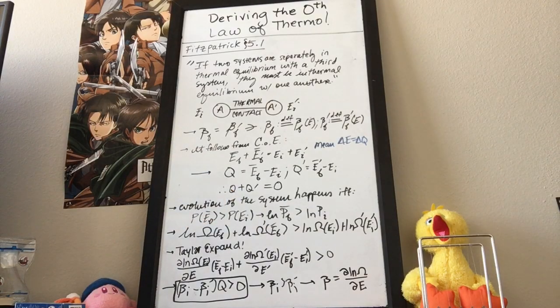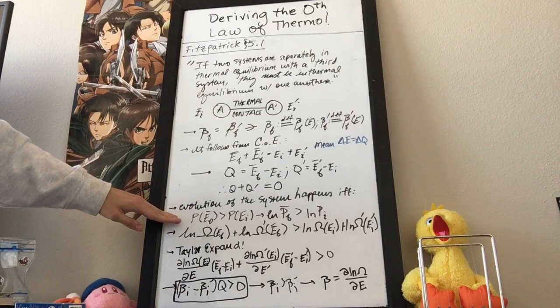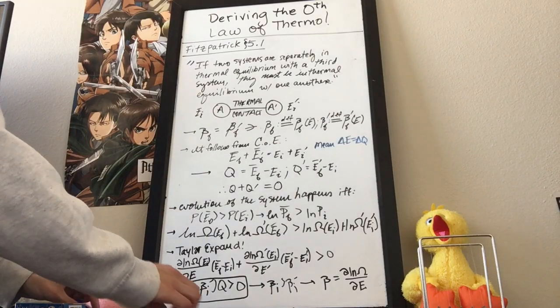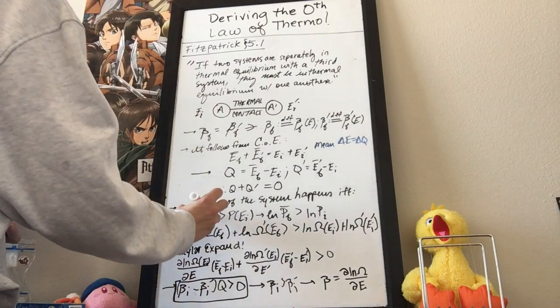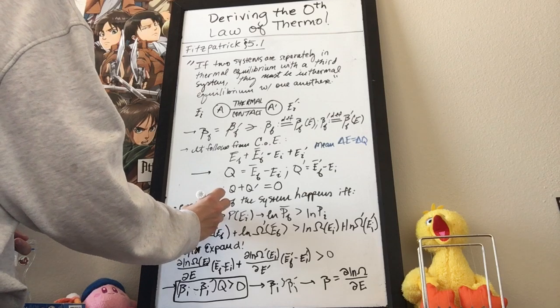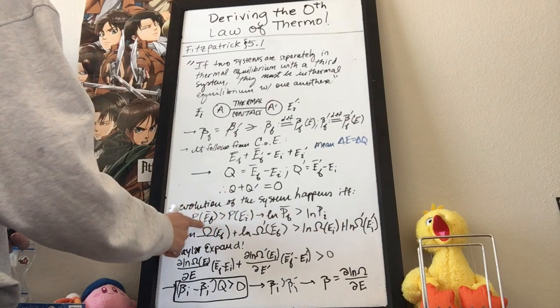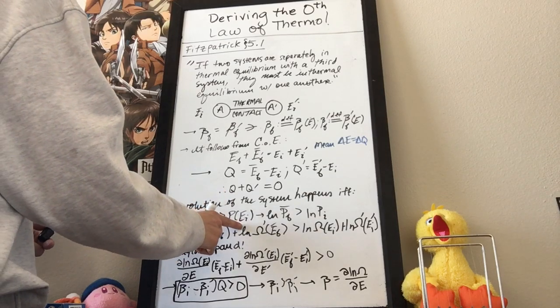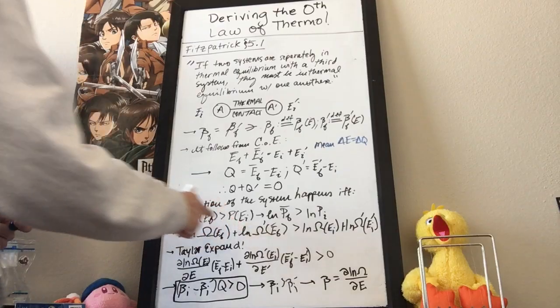Now, they're only going to change into a new equilibrium state if the final state is more probable than the initial one. Or mathematically speaking, the probability of our final state having an energy corresponding to that energy state has to be greater than the probability corresponding to the initial state.